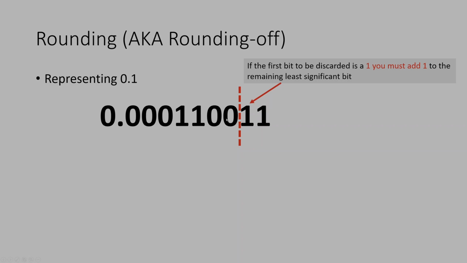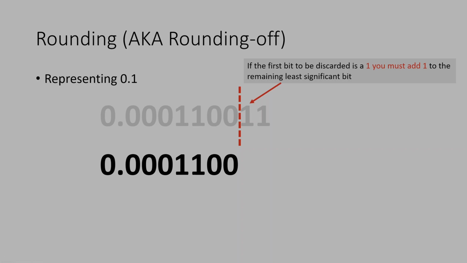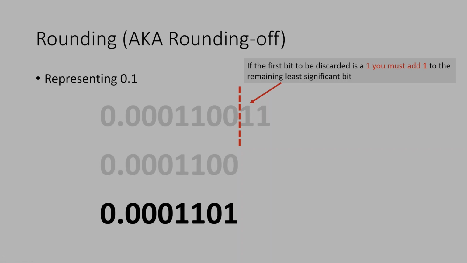So I'll show this in action. So we've truncated it, now we add 1. The reason that we add 1 is because the first bit of what we're removing was a 1. You don't do this if it's a 0. So we're going to add 1 on, and there's the representation using rounding.